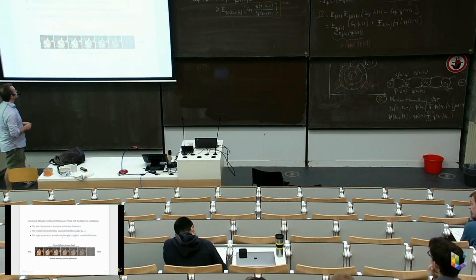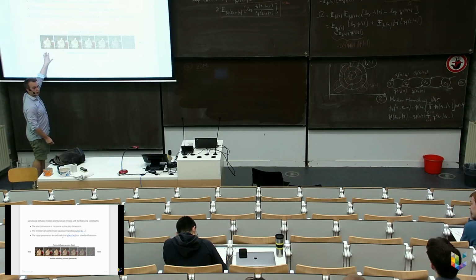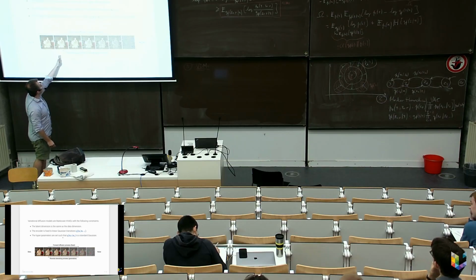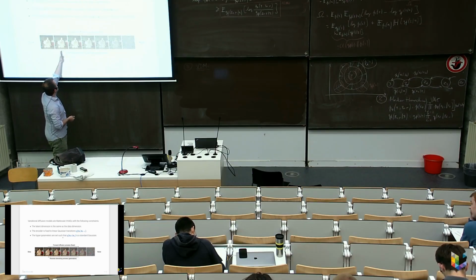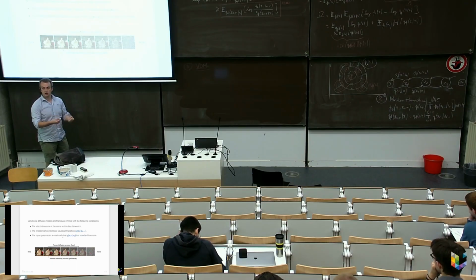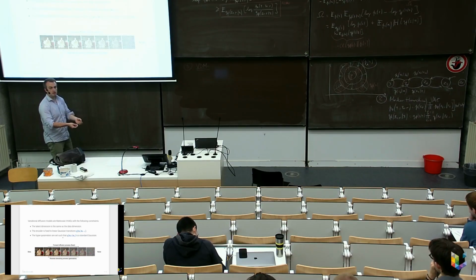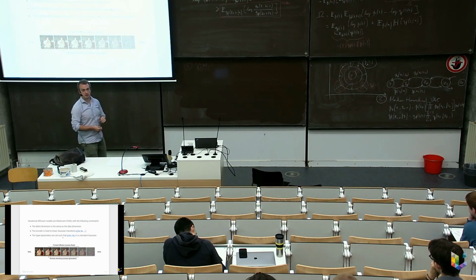And at every step, what you do is that you start from the previous variable, in this case the clean image, and you produce a noisified version of that image, where you add, for example, Gaussian noise to it. Then at the next step, you take the previous variable, which in this case is already an image with noise, but you keep adding noise, and you do that repeatedly for as many steps as you have.